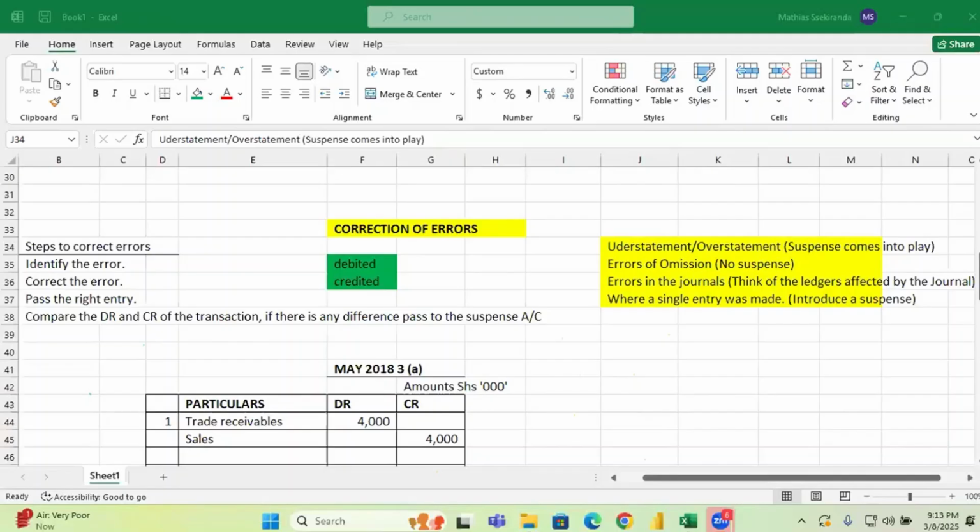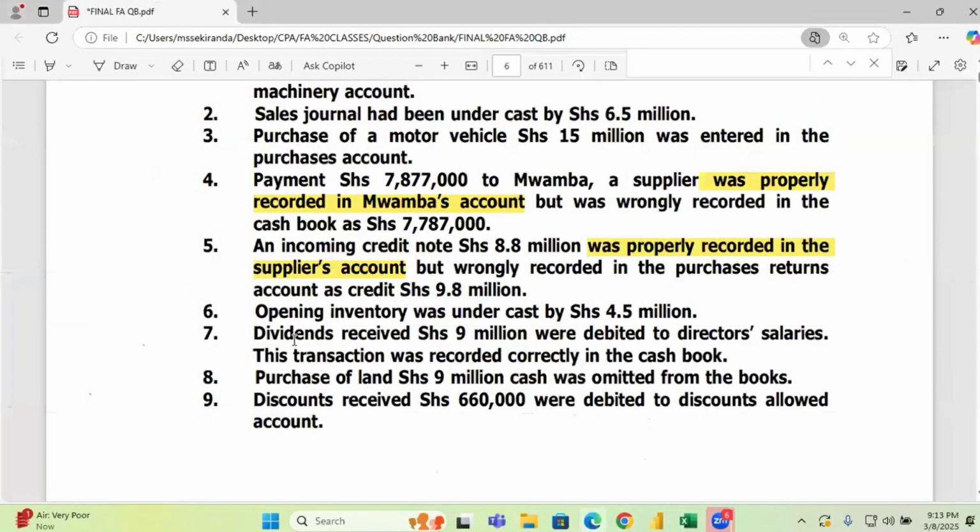Let's proceed. Note number 7: dividends received of 9 million were debited to directors' salaries. This transaction was recorded correctly in the cash book. So when correcting this error, we don't need to tamper with the cash book because they entered it correctly.